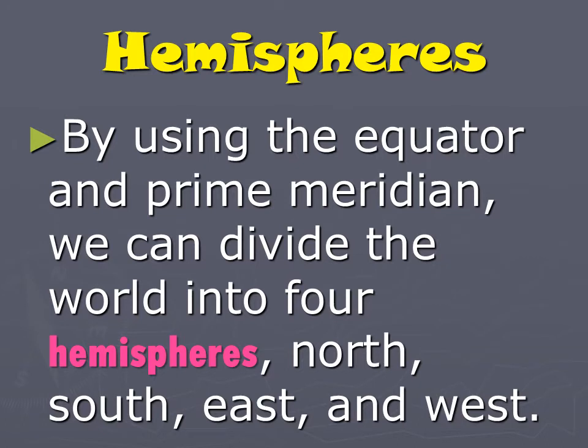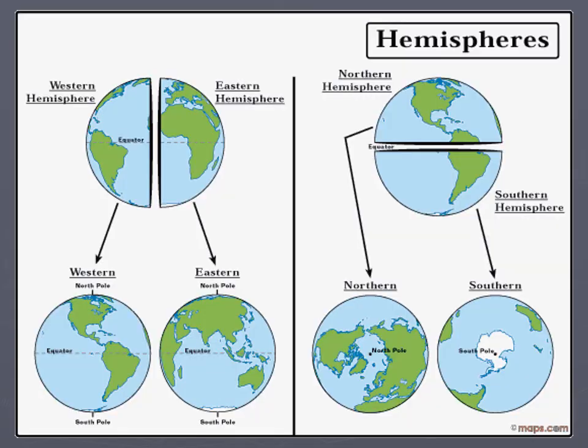Hemispheres. By using the equator and the prime meridian, we can divide the world into four hemispheres: north, south, east, and west. Let's look at them. First, we're going to look at the western and the eastern hemisphere.